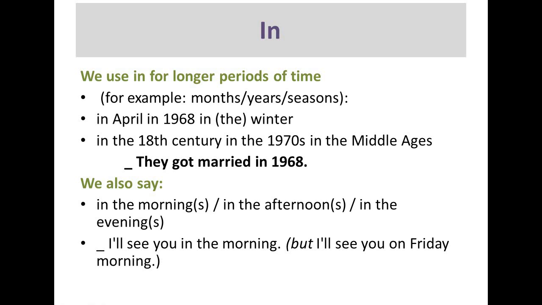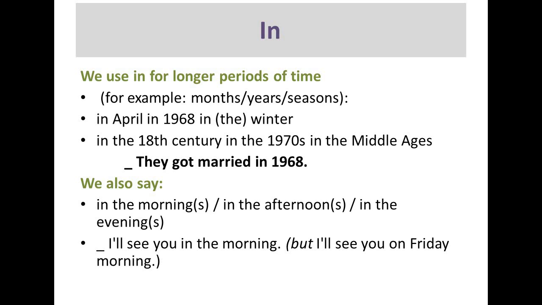So if we want to say the day as well, we use on Friday morning, on Friday afternoon. If there is a day and a part of the day, morning, evening, we use on, because we start with the day.